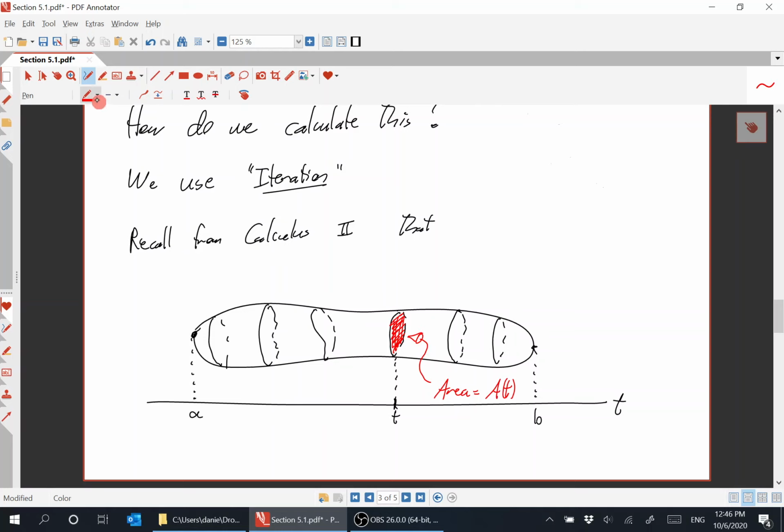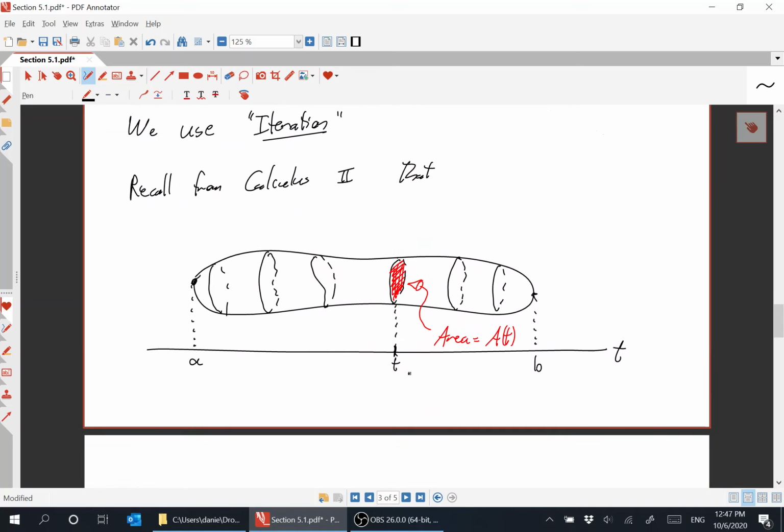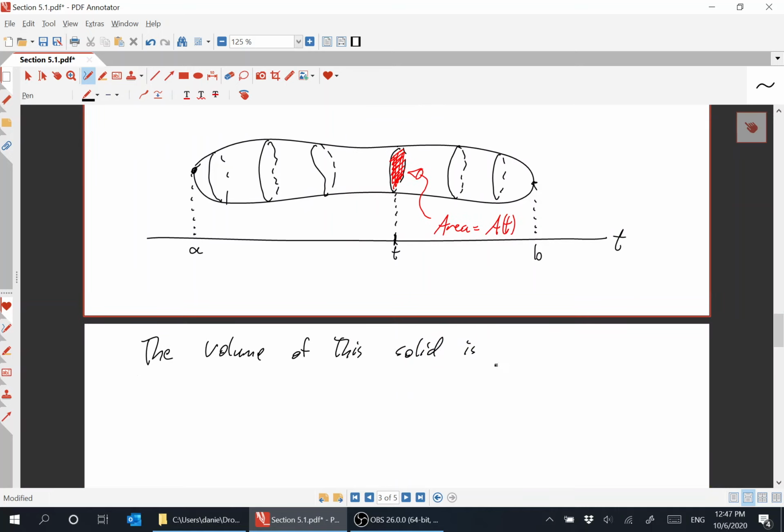In which case, the volume of the solid is what? The volume of this solid is just the integral from a to b of the area function, a of t dt. Okay? So we can apply that to this situation.